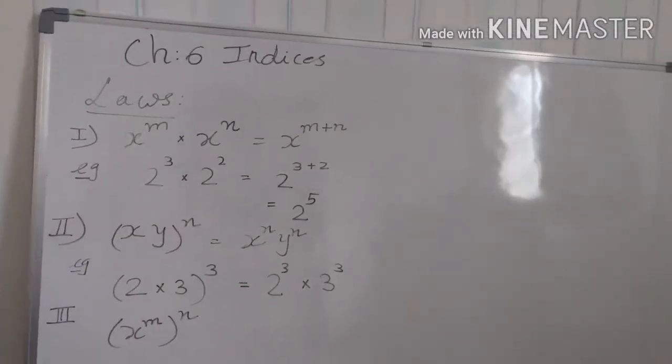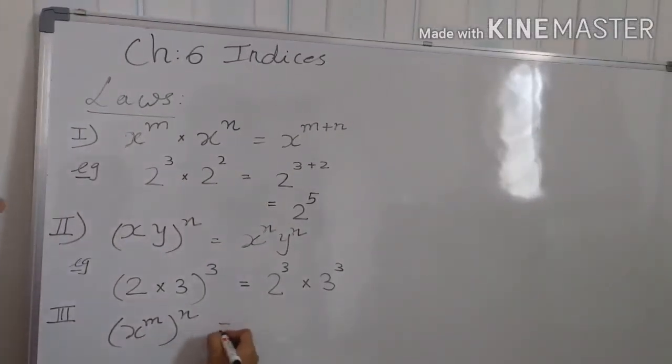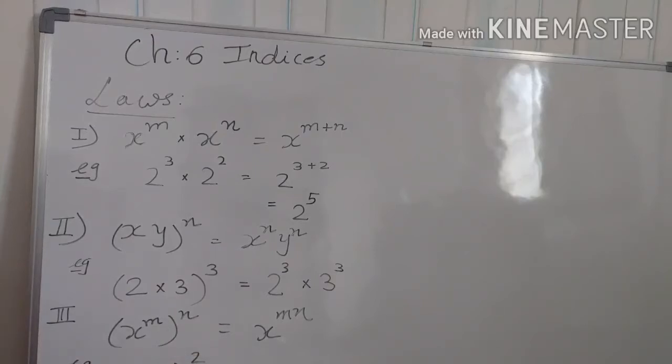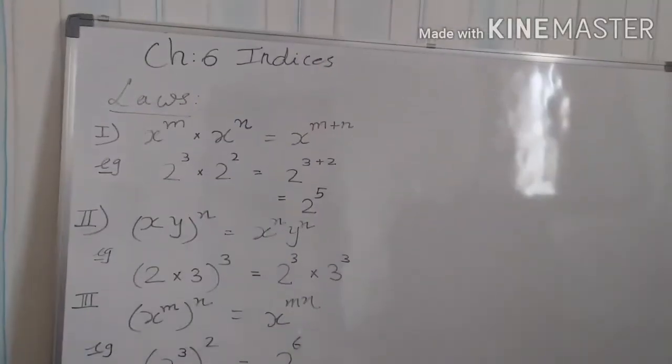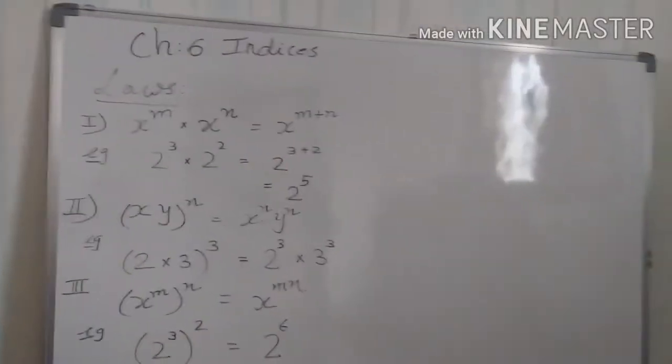Now I can multiply these powers, m into n. So I can write x raised to mn. Example I am taking: suppose 2 raised to 3 whole square. Then multiplication gives 2 power 6. So we have completed our 3 laws of exponents.